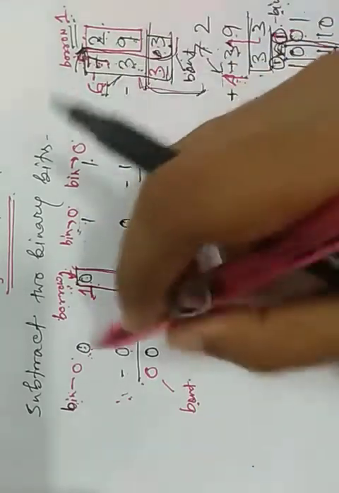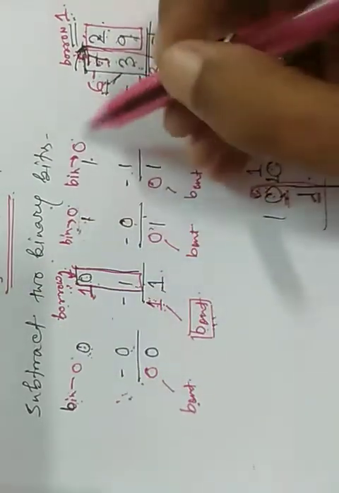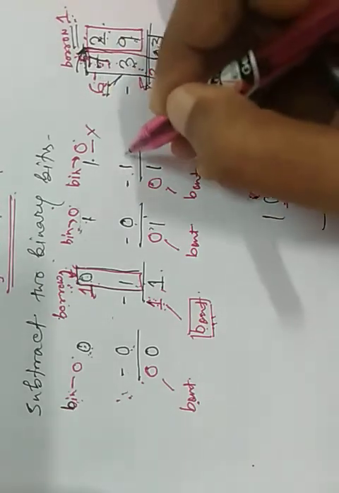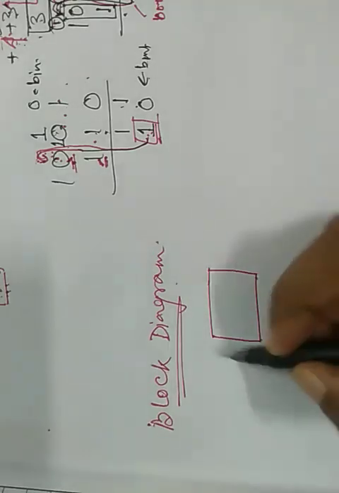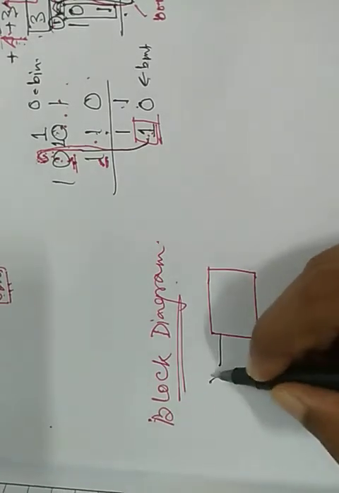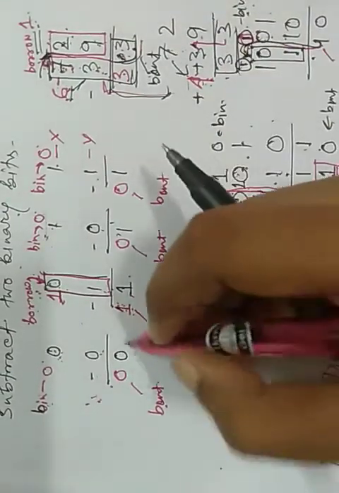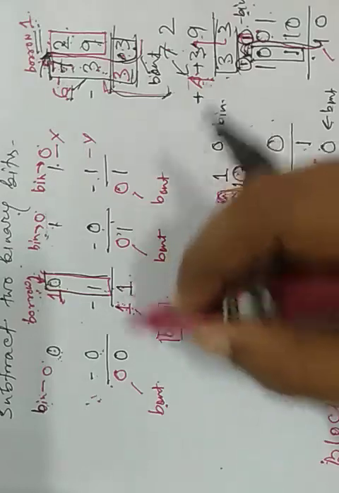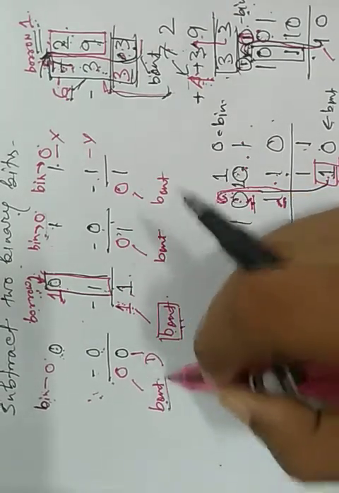always 2 inputs, 0 0 0 1 1 0 1 1, as it is a 2-bit binary operation, so let it be x and let it be y. So for input values, x and y, and for subtraction we get two values: one is difference and another is borrow out.